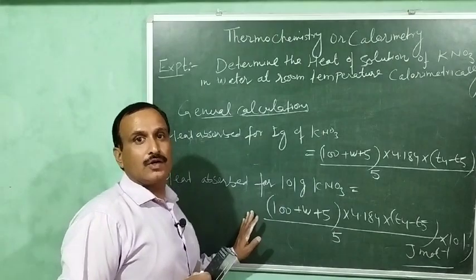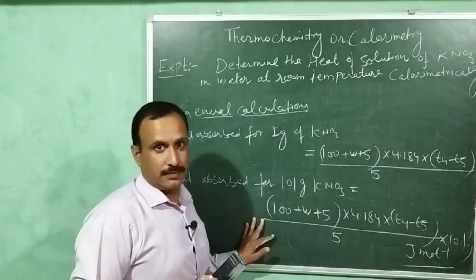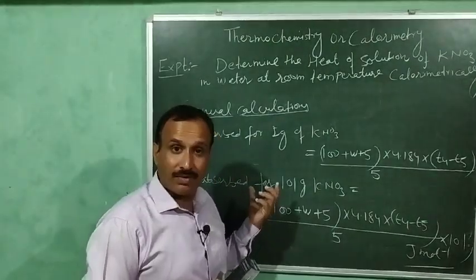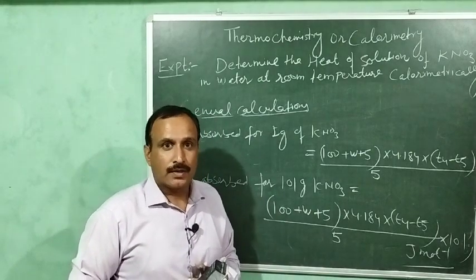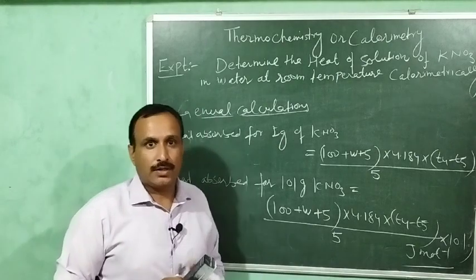So this will be the heat of solution of potassium nitrate. Now we have calculated it for the 1 mole. Okay, so this is the heat of solution of potassium nitrate.